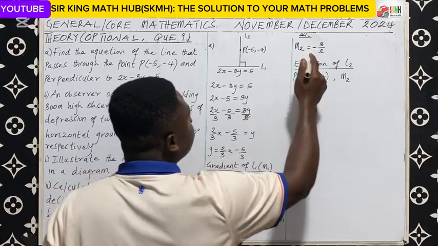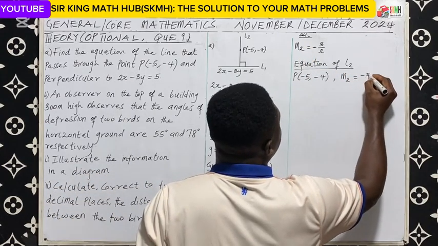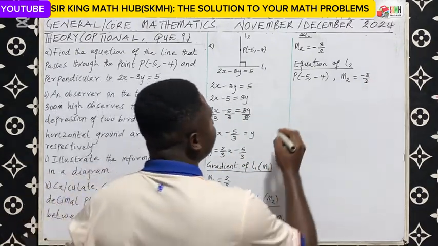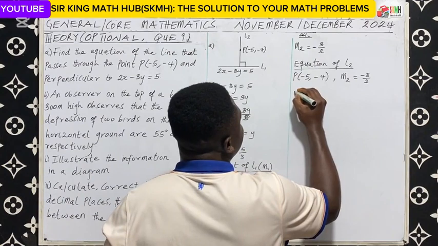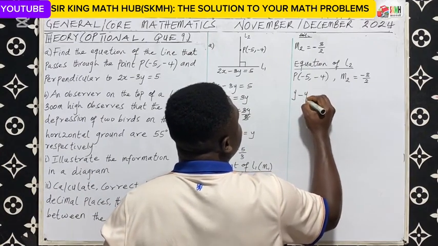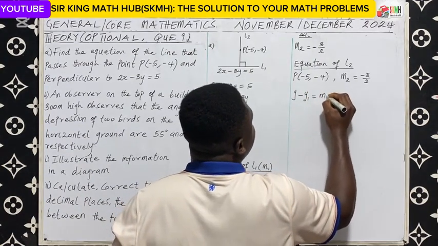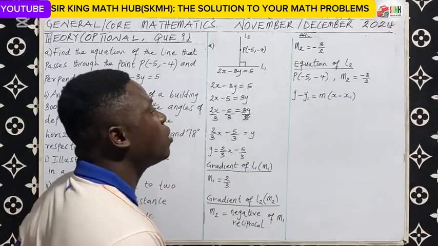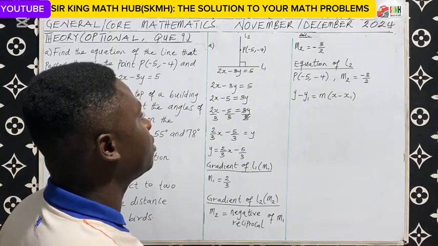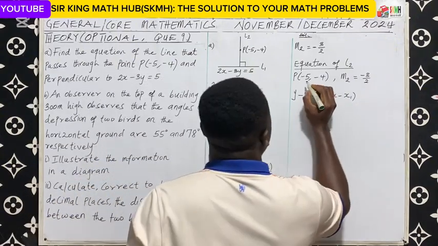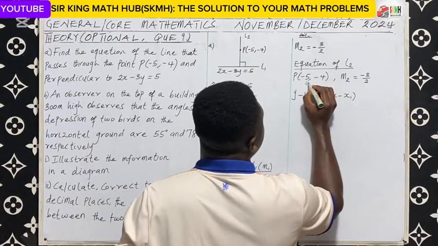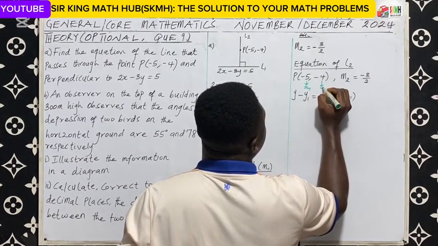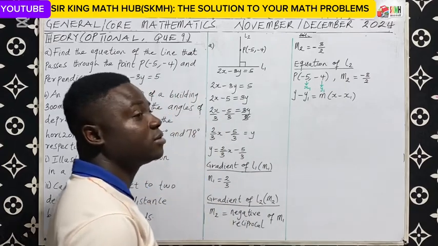This time we are using M2, which is -3 on 2. To find the equation of a line, we use the formula y minus y1 is equal to m multiplying x minus x1. The x coordinate becomes our x1, and the y coordinate becomes our y1.